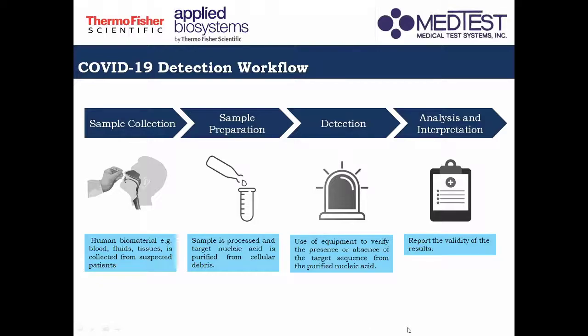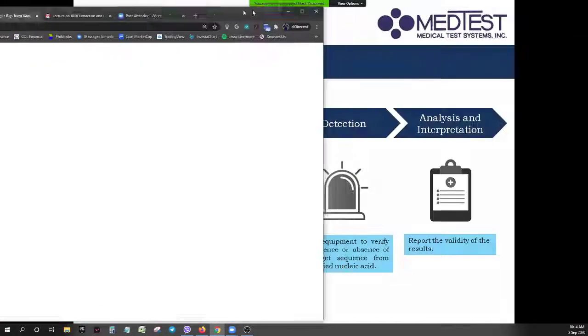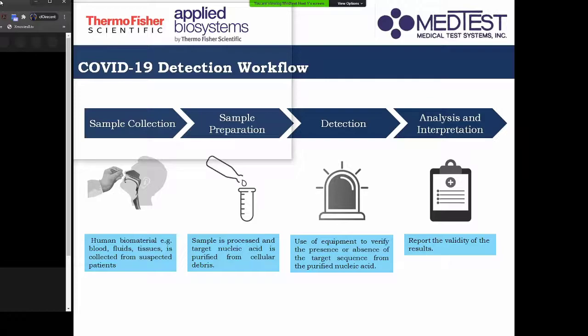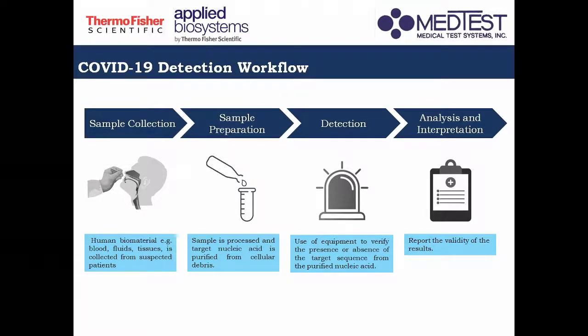So in the detection step, we use an equipment that is able to tell you whether or not you get your target genetic material from your samples. So in this case, for COVID-19 detection, the instrument that we use is a real-time polymerase chain reaction instrument.